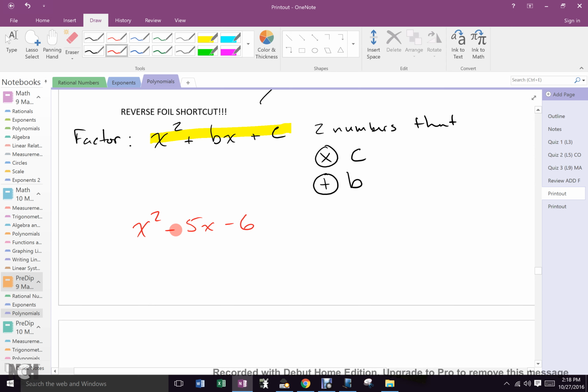But they're negatives. Isn't it just adding a negative? So it is the same, isn't it? Because this, to transfer down here, would really be x squared plus negative 5x plus negative 6. But math guys are lazy, so we don't write it that way.